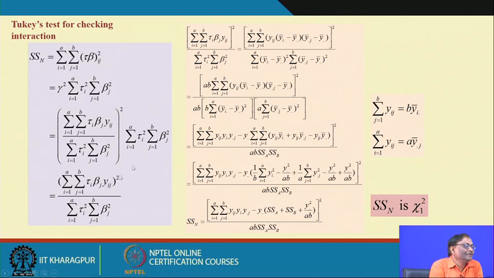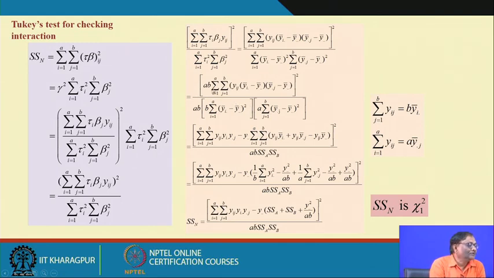So, if you put in all those estimated values, instead of tau i you write y i dot bar minus y dot dot bar. In case of beta j you write y dot j bar minus y dot dot bar, and y ij as it is. Then you do algebraic manipulation, and the bottom side is the estimate for tau i square and the estimate for beta j square. Okay, that you know.